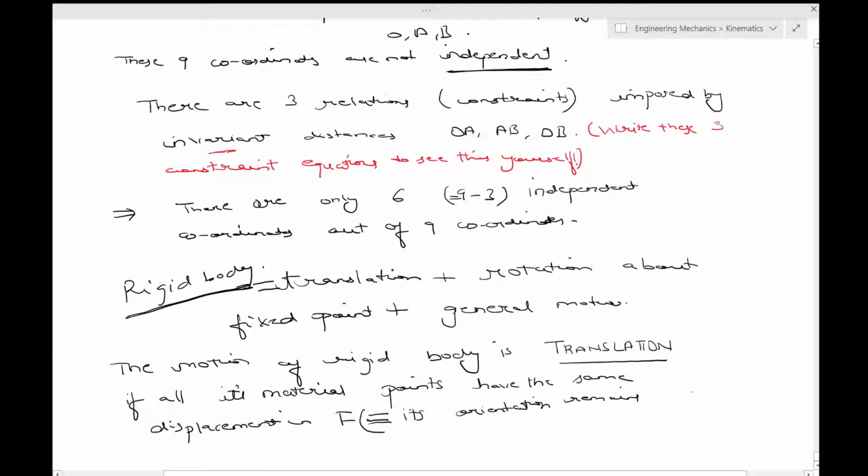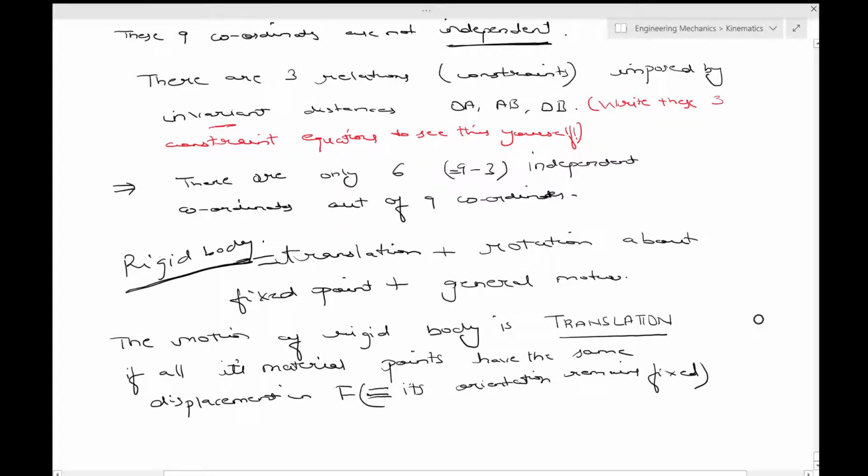You can take a pen in your hand and try to translate it along the x, along the y, and the z direction. Then it would be called a translation. This is also equivalent to saying that the orientation is fixed. The orientation of your pen is fixed in F. So this is a translation.